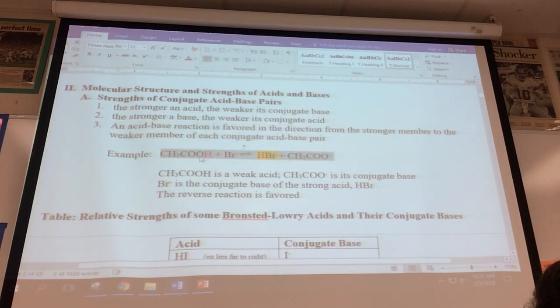For example, here you have acetic acid and bromide ion reacting to form hydrobromic acid and acetate ion. You know that hydrobromic acid is a strong acid. That's the strongest member, and therefore the reverse reaction is favored because it always goes from the strongest entity down toward its weaker counterpart.